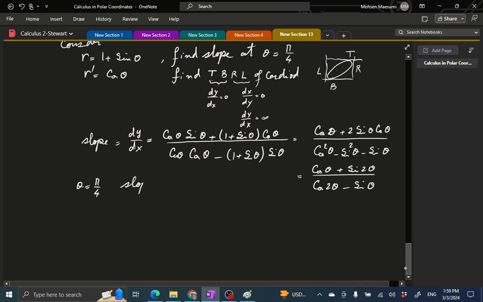Slope becomes, let's use this one. Everything becomes radical 2 over 2 plus 2 times radical 2 over 2 times another of the same, and then radical 2 over 2 squared minus another radical 2 over 2 squared minus radical 2 over 2.